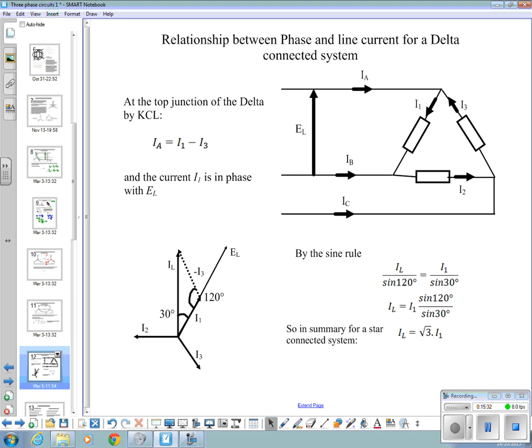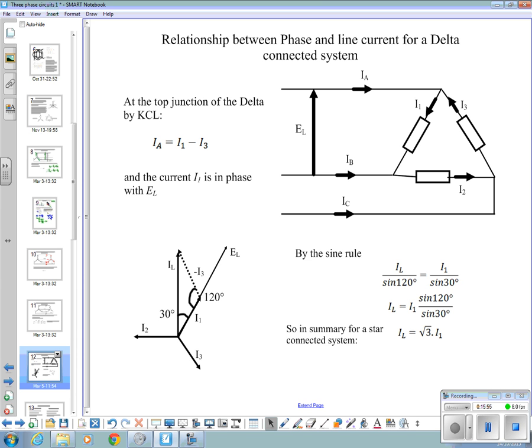So, delta connected systems. Relationship between phase and line current for a delta connected system. We've got a line voltage, 3 lots of it, being fed into the corners of a delta connected system.